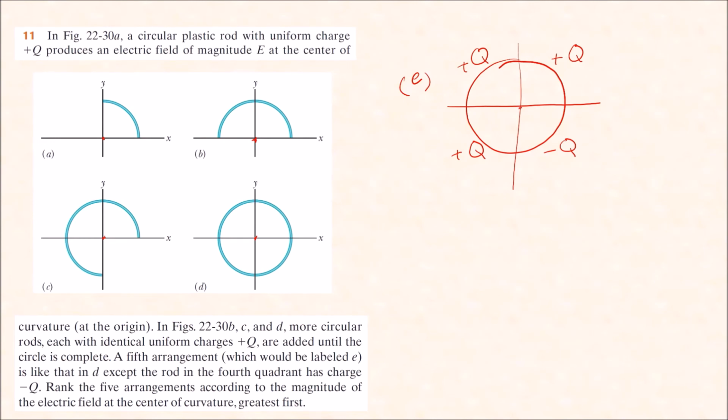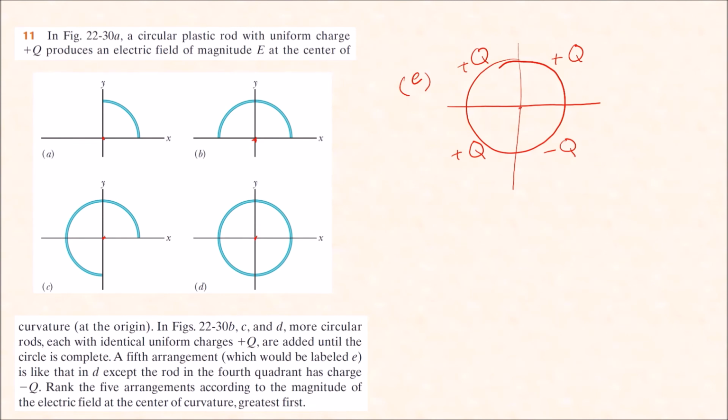Okay. Anybody else? I will talk about that soon. I'll go. I think E would be the strongest because the field is basically being pushed at a negative 45 degrees. It's being pushed from the positive Q rod in that way and pulled from the negative Q rod in that way.